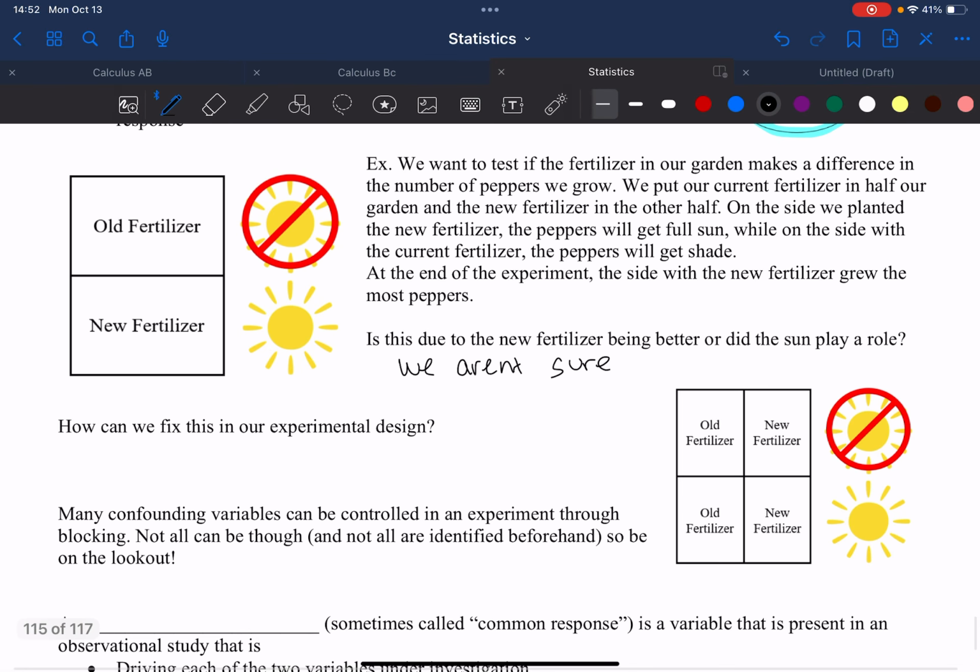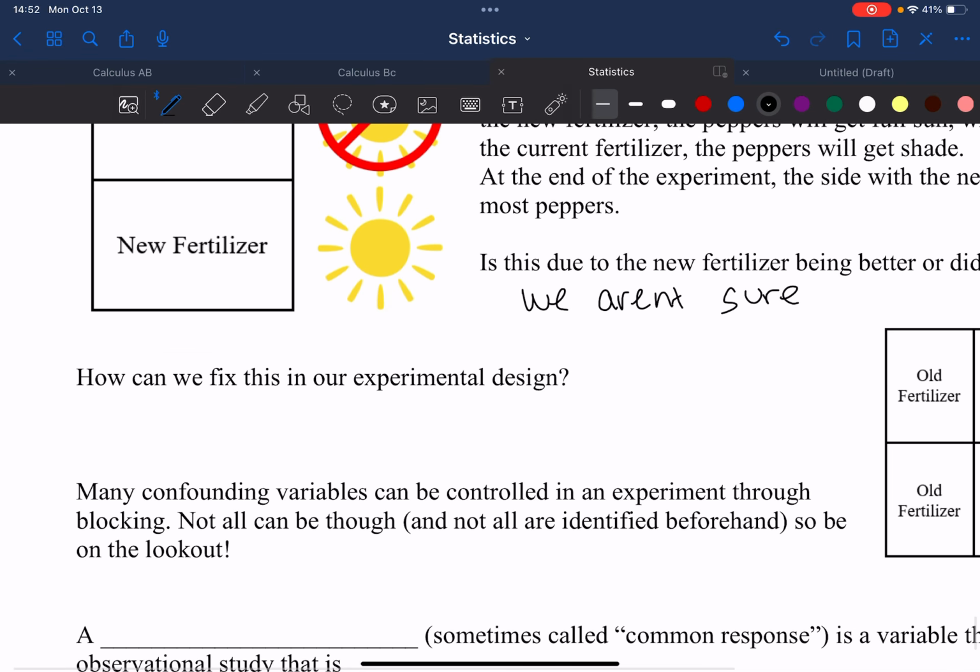How can we fix this in our experimental design? Well, in order to tell if it's the sun or the fertilizer, we can try blocking by the sun's location.